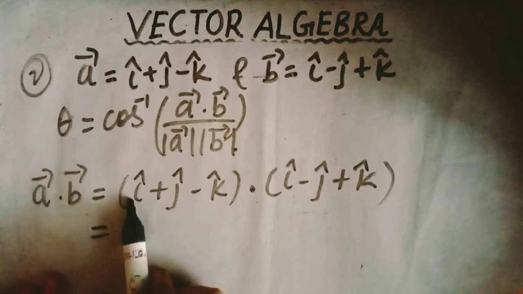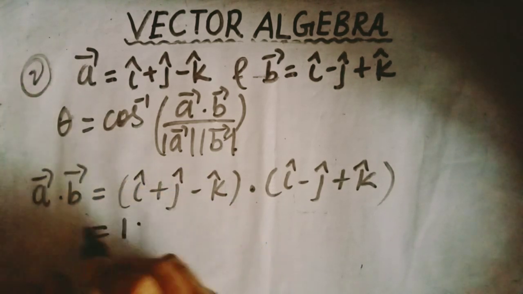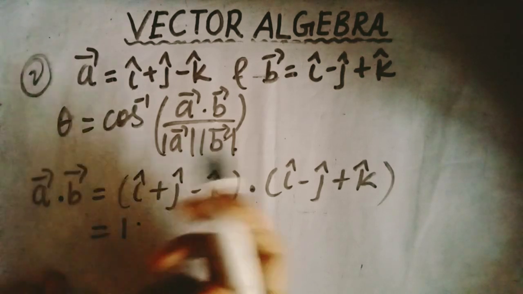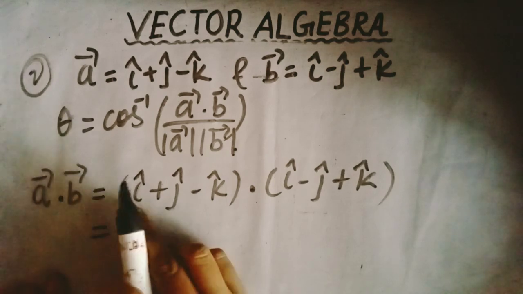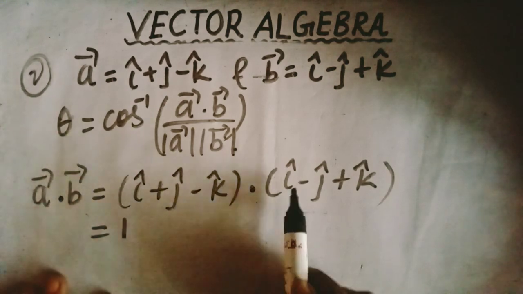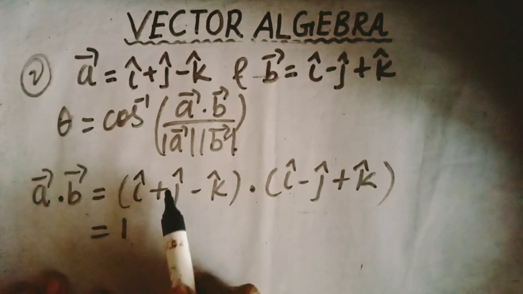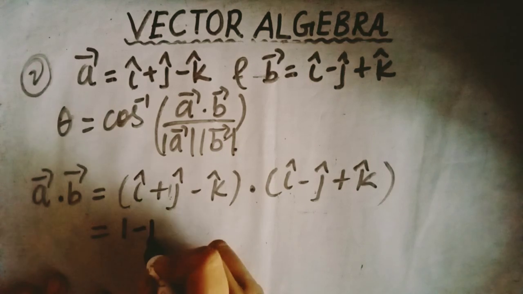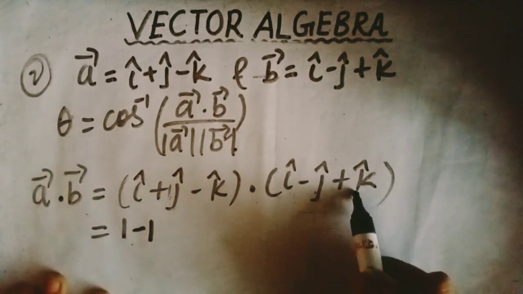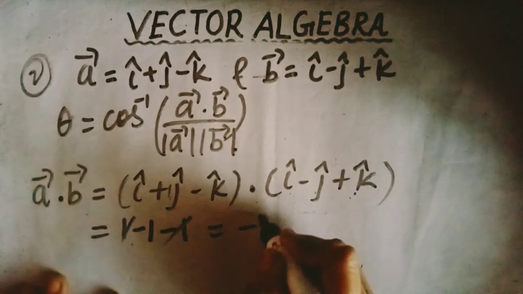Okay, so 1 into 1, 1. This is scalar product or dot product, so the answer will be a scalar. So i dot i will be 1, right? So 1 into 1, 1. Then 1 into minus 1, that is minus 1. Minus 1 into plus 1, so minus. So this will be minus 1.